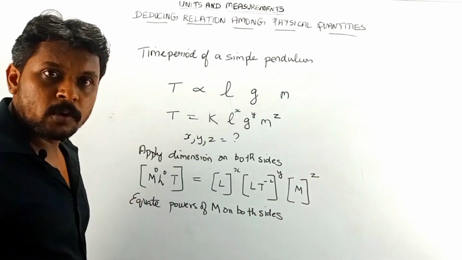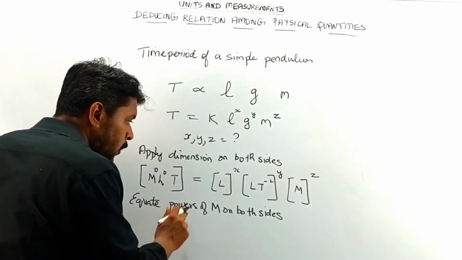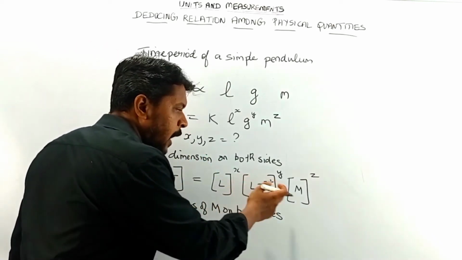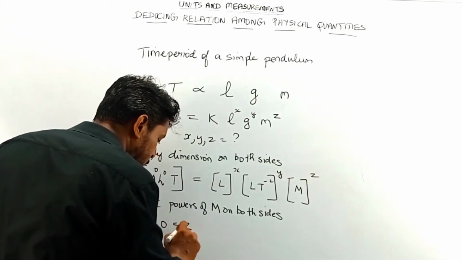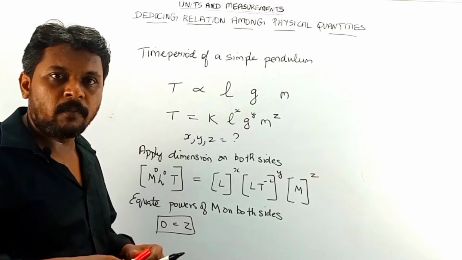What is the power of M on the LHS? We have 0. Do I have M here? No. Here? No. I have M only here. What is the power of M here? It is z. So 0 is equal to z is the equation that we have got.